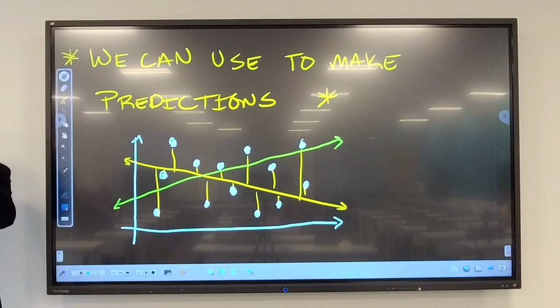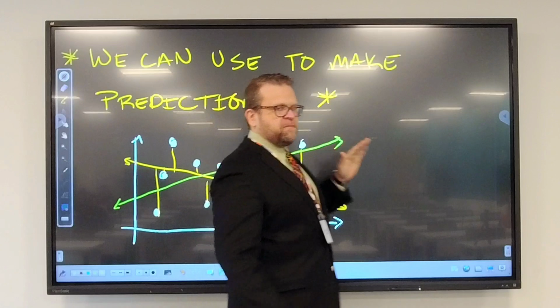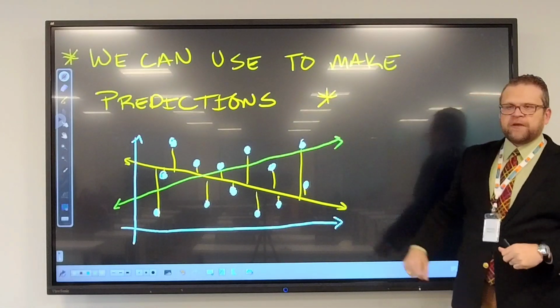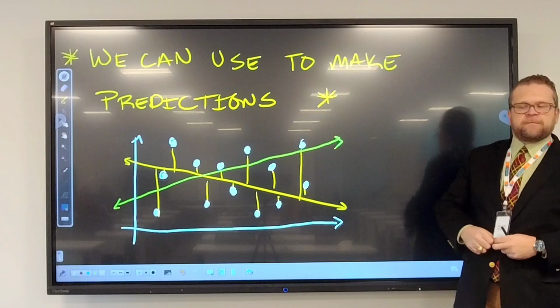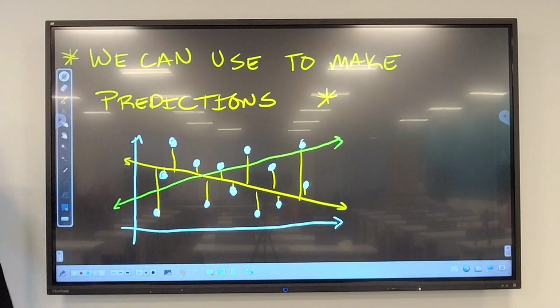And the yellow one just barely beat it, by 0.0001, the sum of the green one. Okay? So with that in mind, we can't always assume straight away that the best fit line is what we should use to make our predictions.